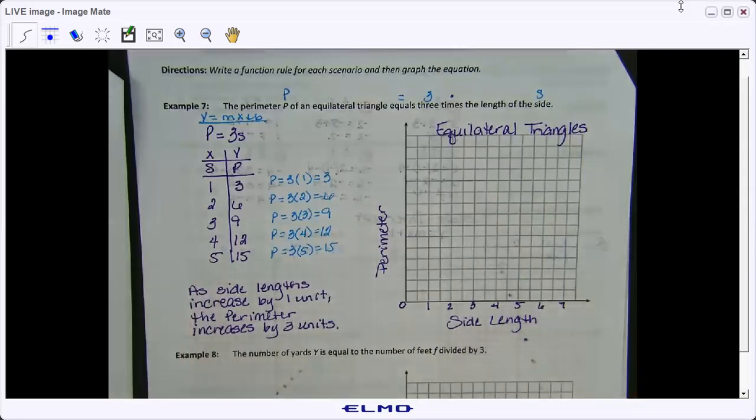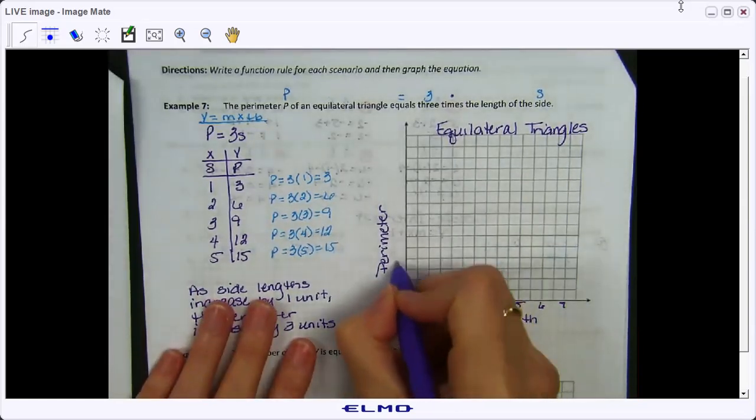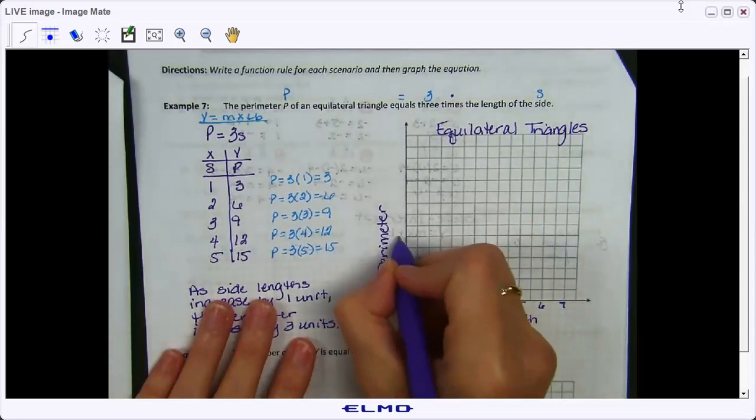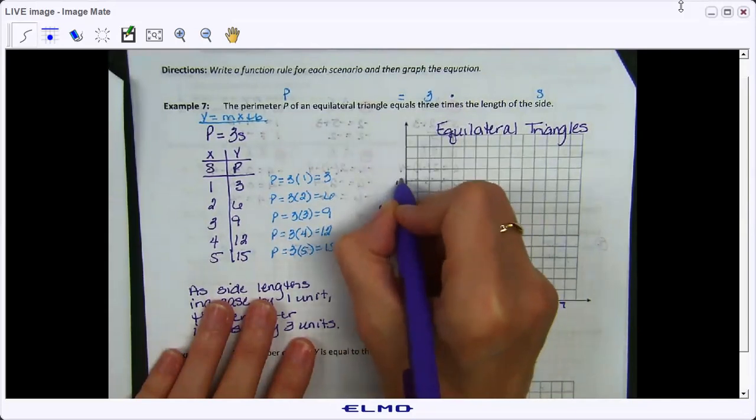Okay. Now you don't have to skip lines. So for example, on my perimeter, I go all the way up to 15. And I happen to know that there are 15 boxes right here. So I'm just going to go by 1s, but this time I cannot skip a line. So 1. And you're going to put your increments all the way to the top.